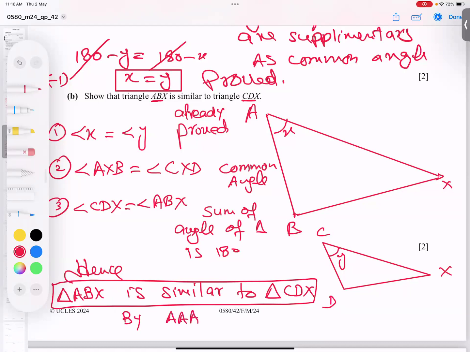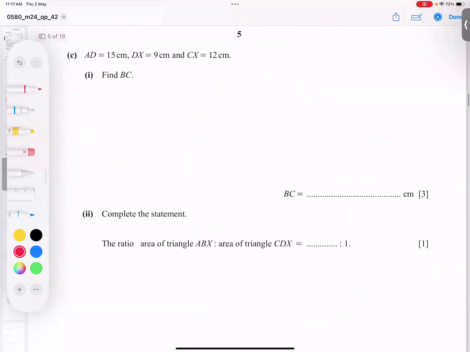Because when three angles are equal to each other, we can say that. So my criterion is triple A. And now the same question, you see this question totally depends upon the previous similarity rule.